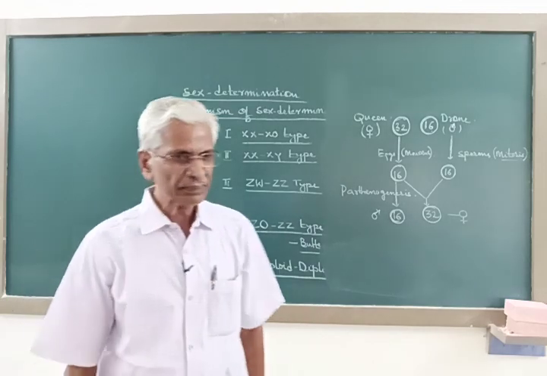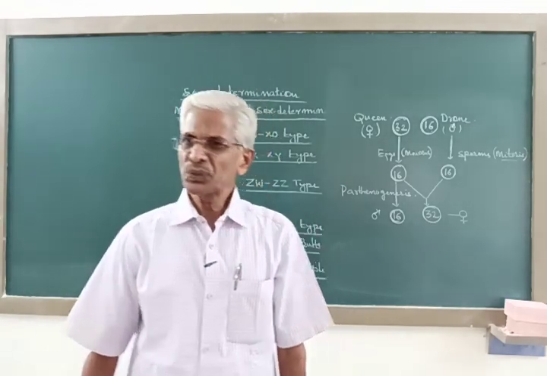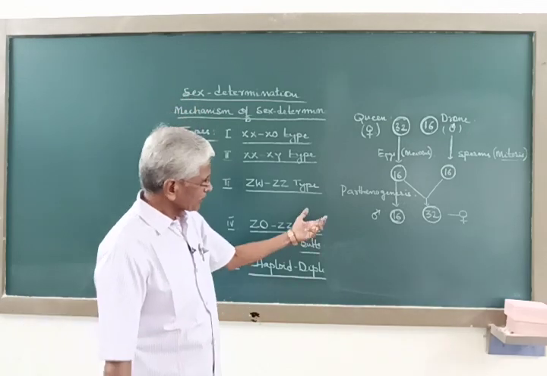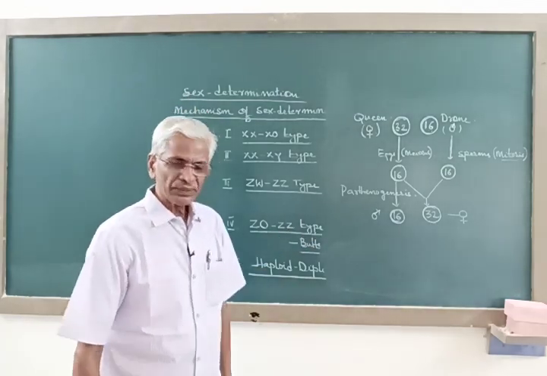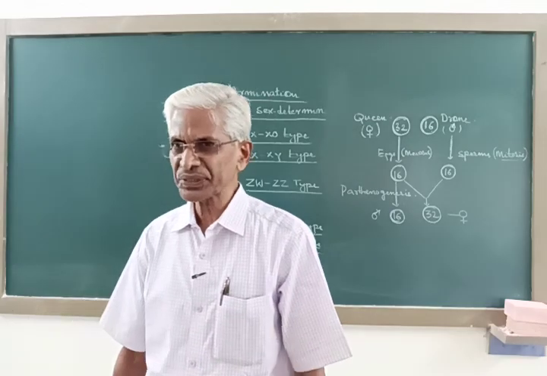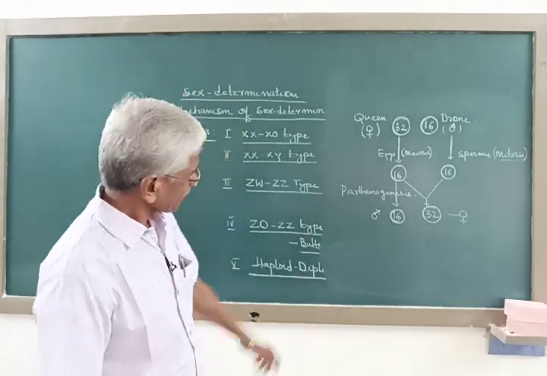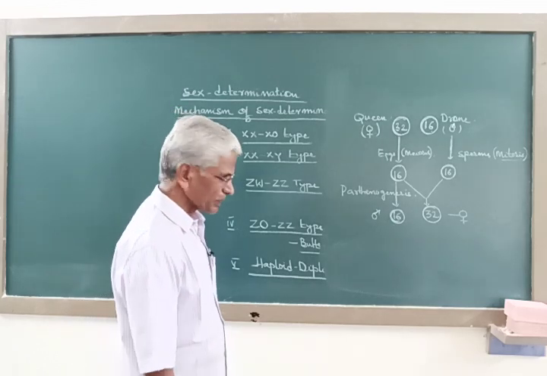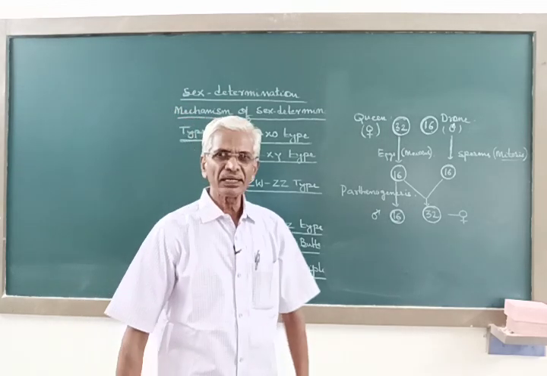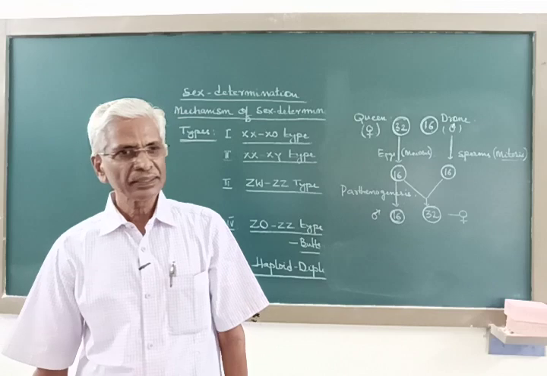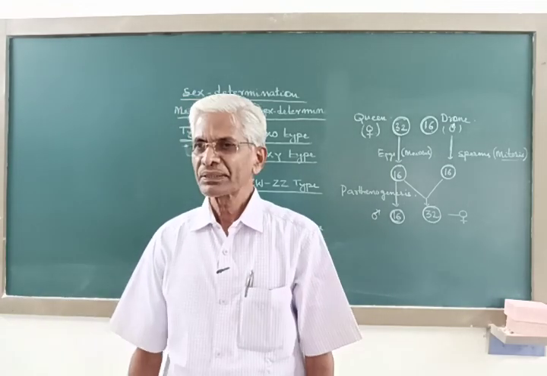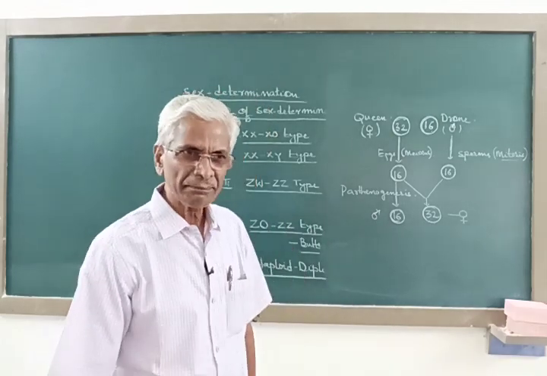Now, with regard to honeybees, two unique features can be recognized related to sex determination. One: males are haploid, and they produce sperms, the male gametes, not by meiosis but by mitosis.